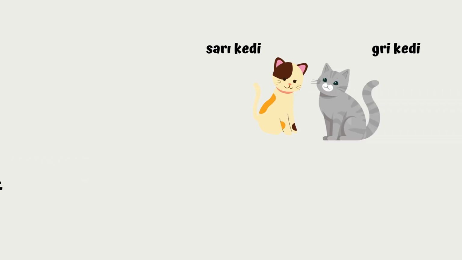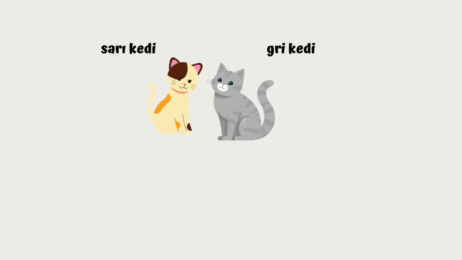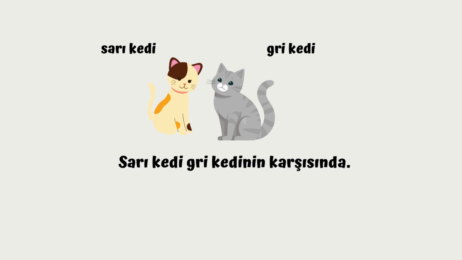Okay, so this one is a bit more difficult. So we have yellow cat, which is sarı kedi, and we have gray cat, gri kedi. So listen to my question. Sarı kedi nerede? And the answer will be sarı kedi gri kedinin karşısında.